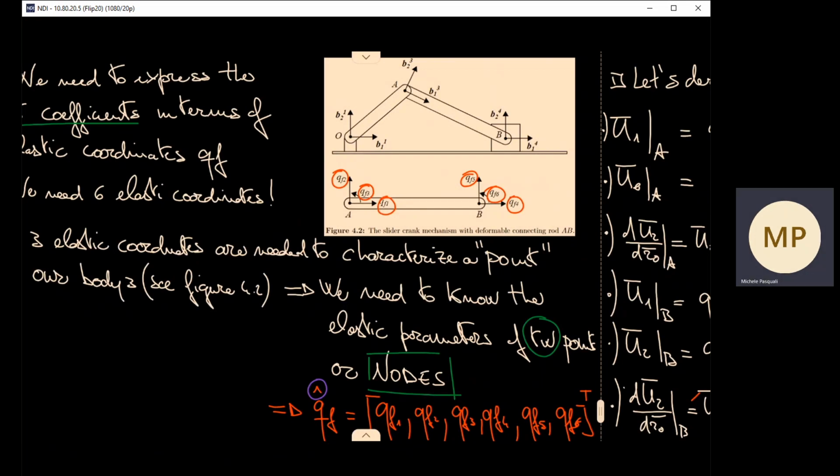Okay? So if you want to see the imposition of reference condition in another way, reference conditions are the conditions that you impose to your body, so to fulfill the links, the connections that exist between your body and the other bodies within your system of multiple bodies. Okay, this is what you're saying.